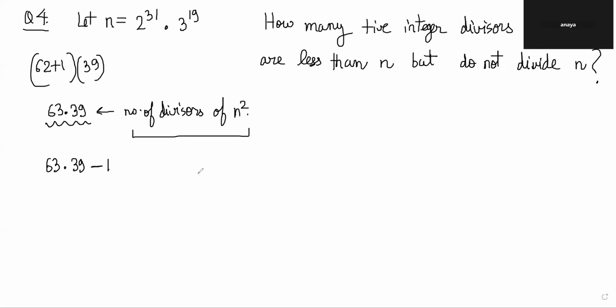So that's how I got 63 times 38. Is it 63 times 39 minus 1, or 63 times 38? I did the PEMDAS wrong. It's the first one, so 63 times 39.